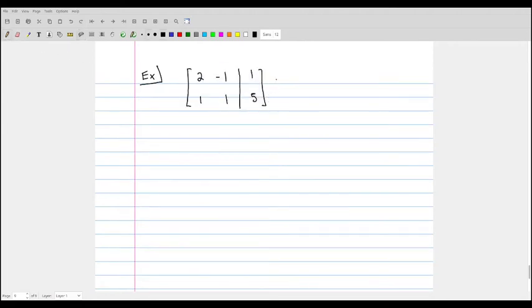Typically we use a tilde to do row operations. From our multiplication row operation, this is the same thing as 1, negative 1/2, 1/2, if I divide by 2, or multiply by 1/2.